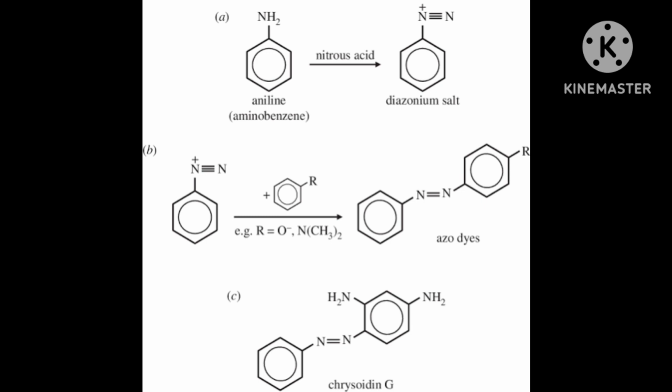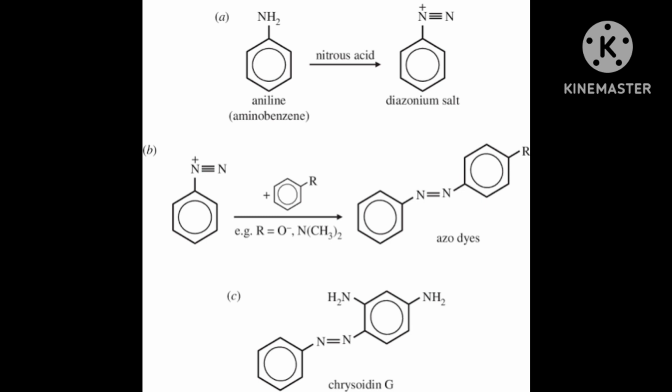Means how will you get 2-bromobenzoic acid from 4-nitrotoluene? Very easy question.